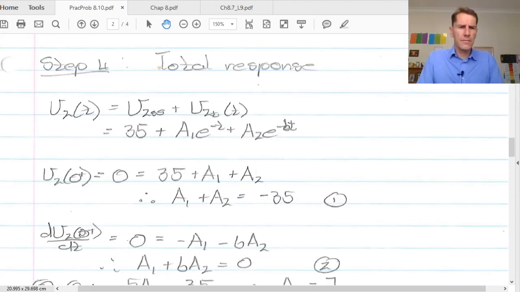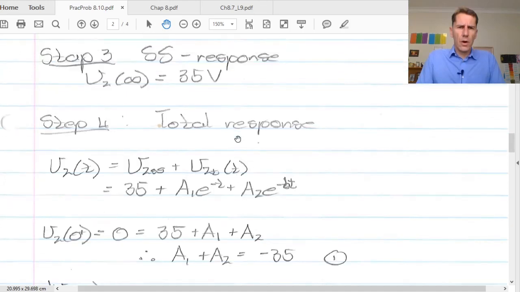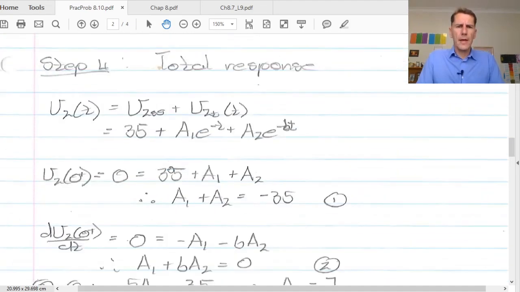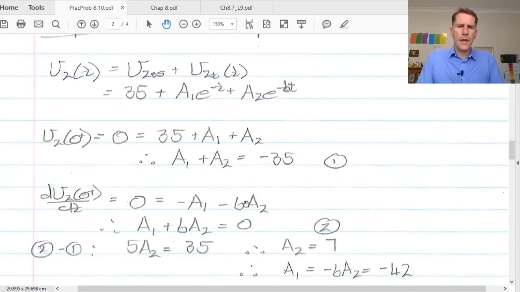It's minus 35. Now I use the first order differential initial condition. So I take the differential of this expression: minus 1 A1 e to the minus t, and minus 6 A2, and the exponents are just again 1.